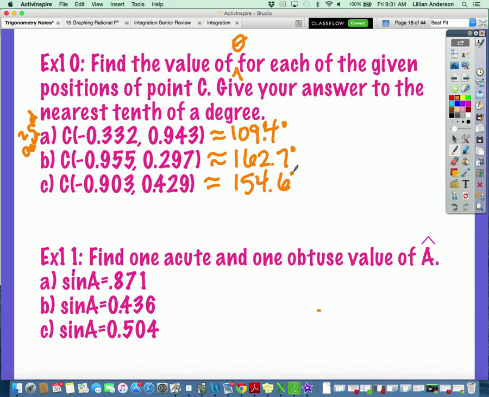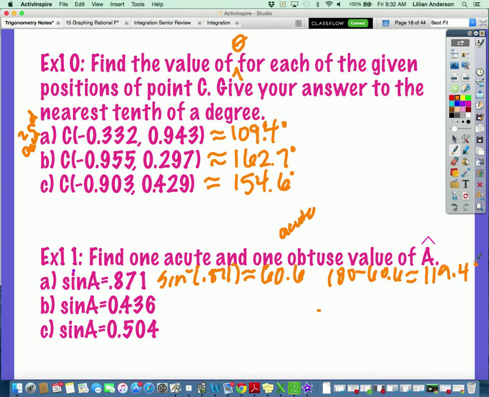What about over here? To find an angle, you took the sine inverse of this decimal. What value did you get when you first took the sine inverse? 60.6. So this would be your one acute angle. To find the obtuse one, you subtract it from 180.